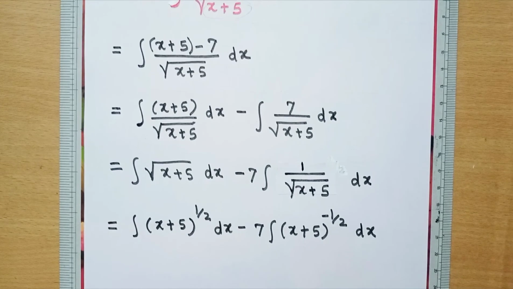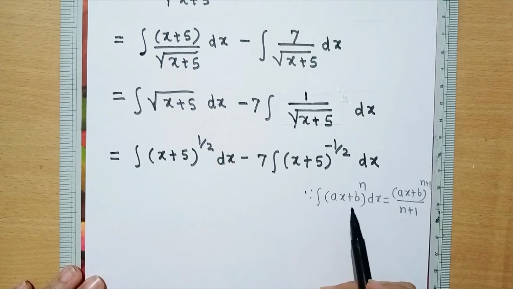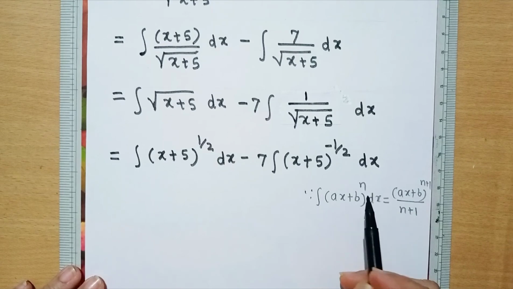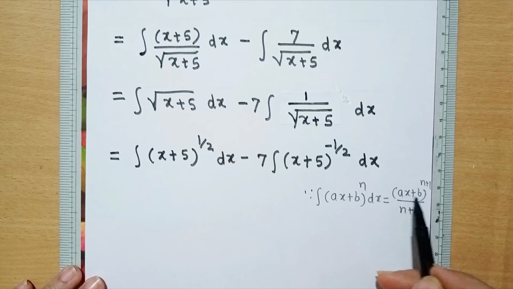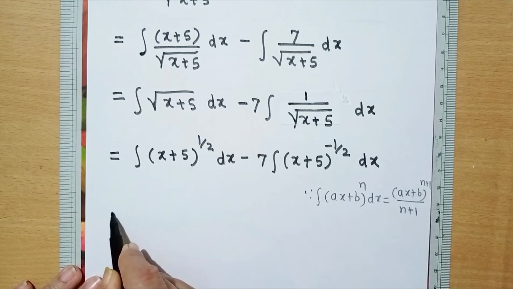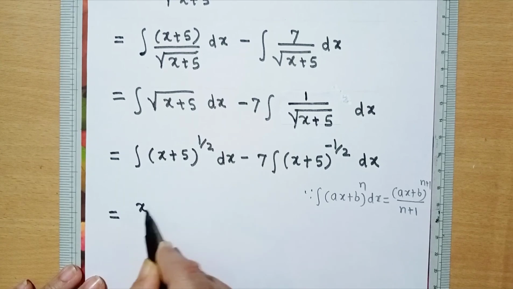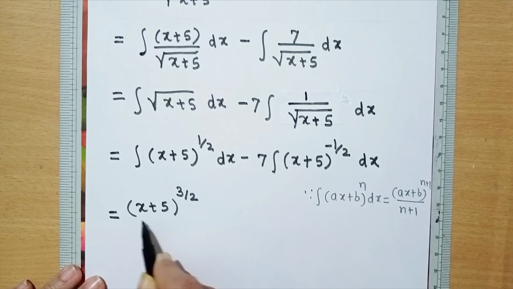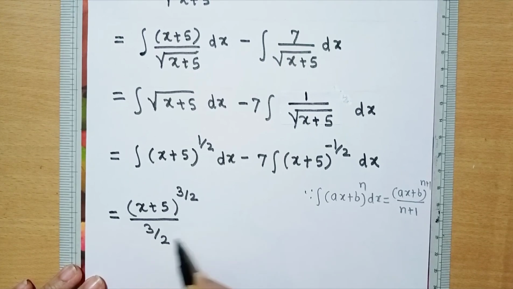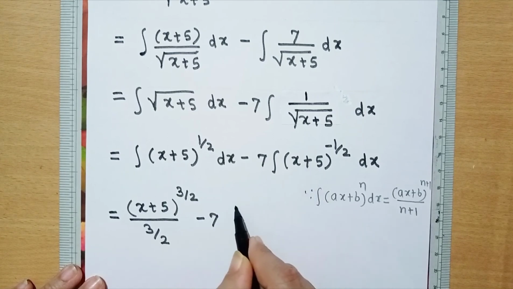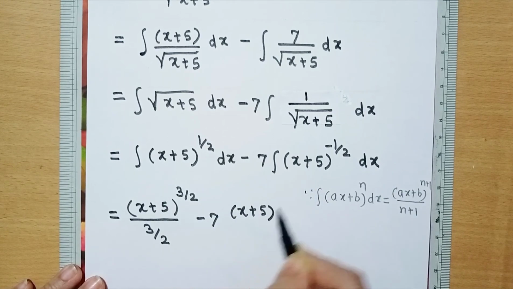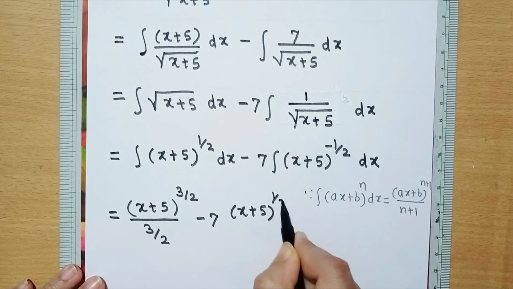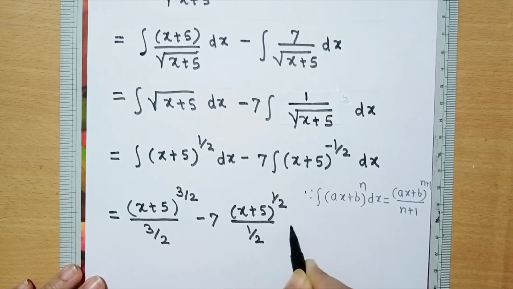Now here we will use the first formula, ax plus b raised to n, and its answer we know, ax plus b raised to n plus 1 upon n plus 1. In the same way, we will find this answer as x plus 5 raised to half plus 1, which is 3 by 2, upon 3 by 2, minus 7, and here also x plus 5 raised to minus half plus 1 is plus half, and here again half, and then write down plus c.